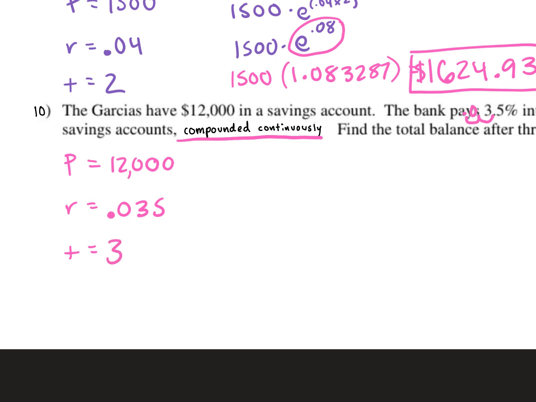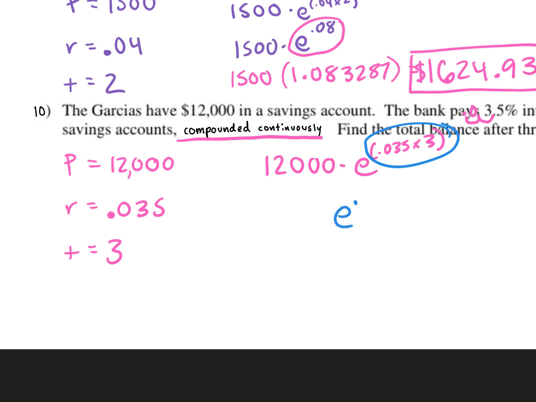And then what is the time? 3. So we plug this into our PERT formula, so 12,000 times e to the power of r times t, so 0.035 times 3. What should I do first? Multiply, so 0.035 times 3.